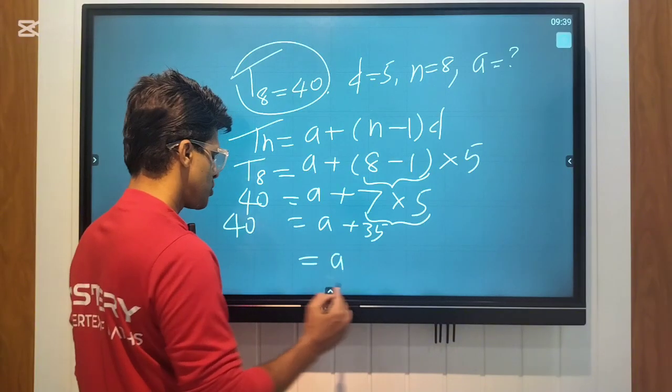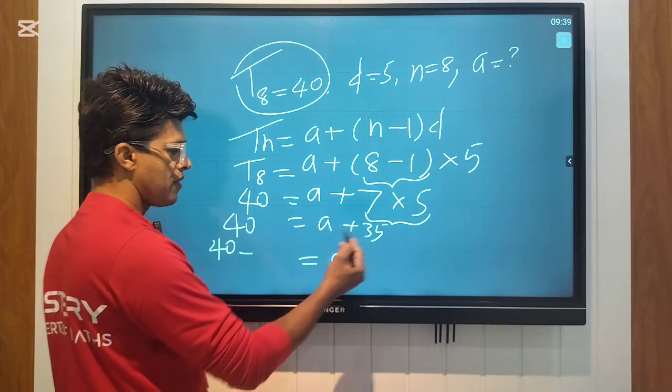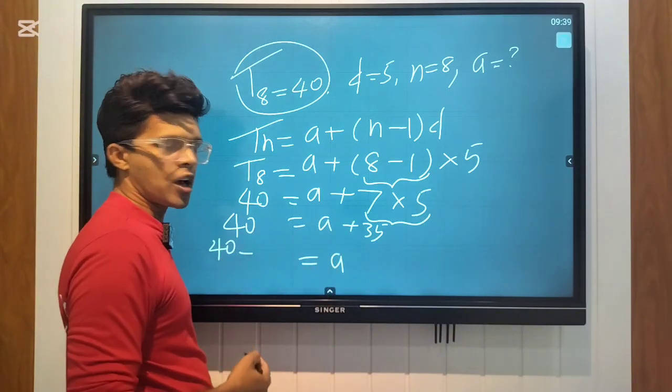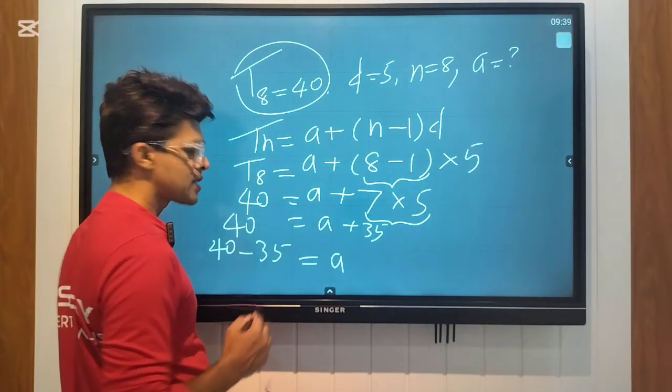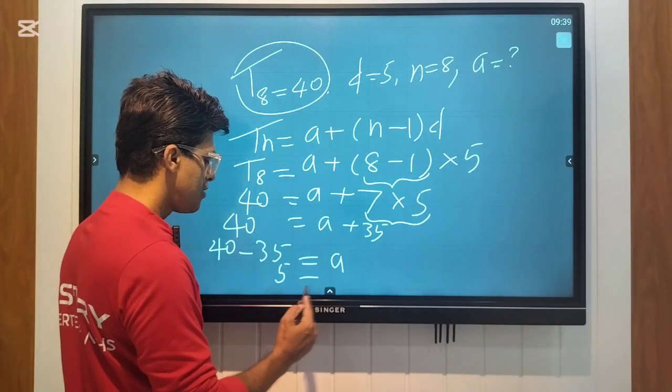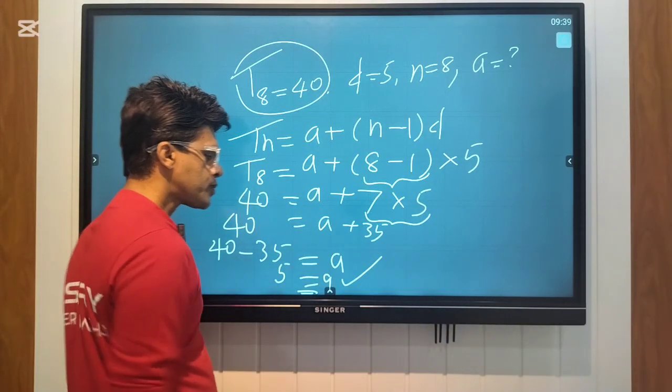So a equals 40 minus 35. This 35 is brought here and becomes negative. So 40 minus 35 is 5. So the value of a equals 5.